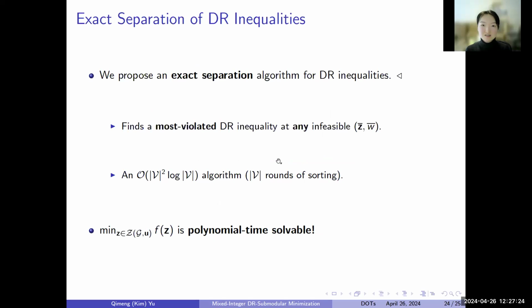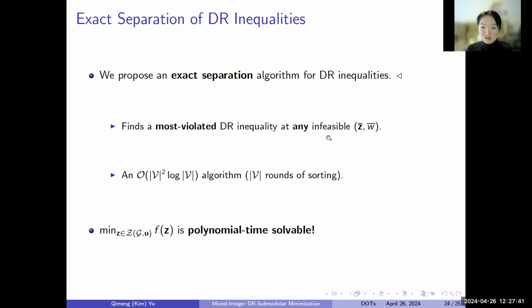Yeah. So we can start with the classical submodular set function. There's this famous greedy algorithm that exactly solves minimizing linear objective functions over extended polymatroids.